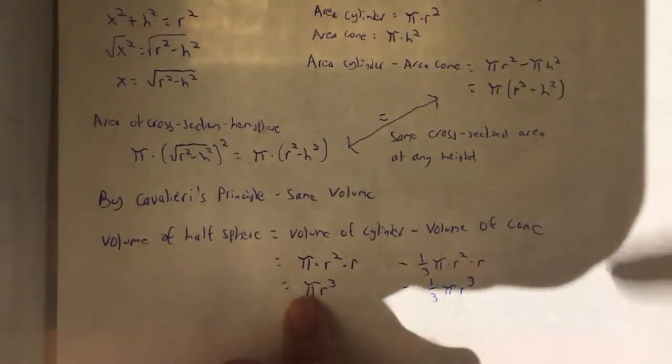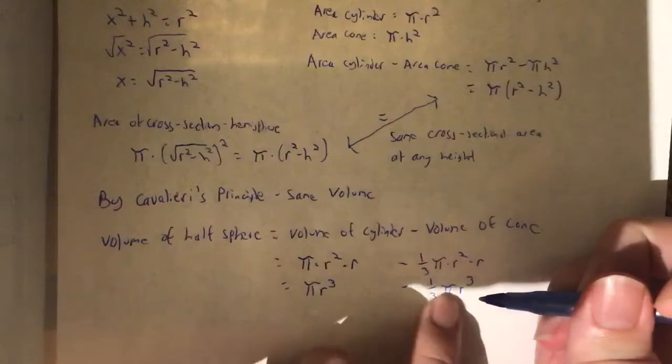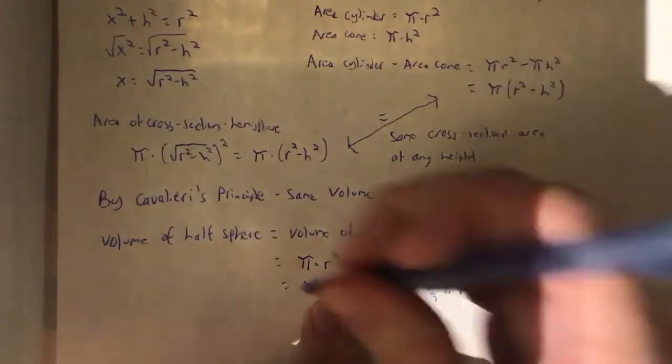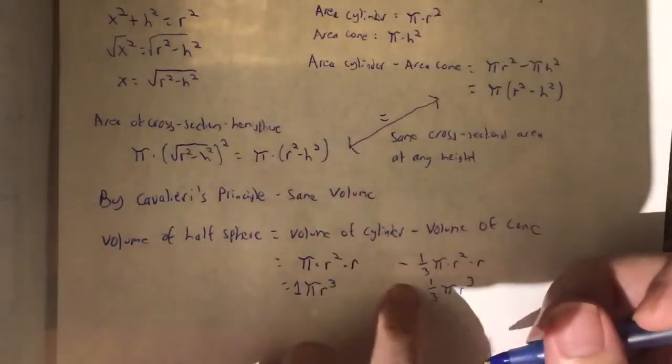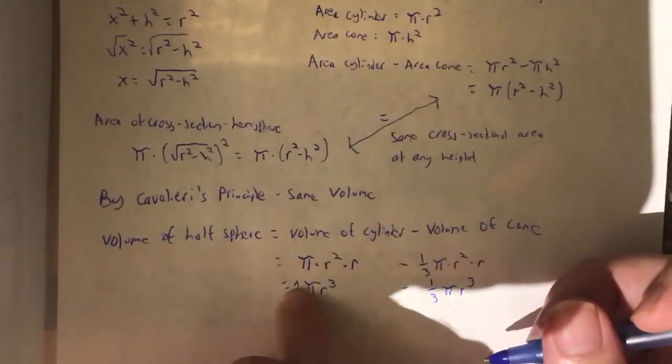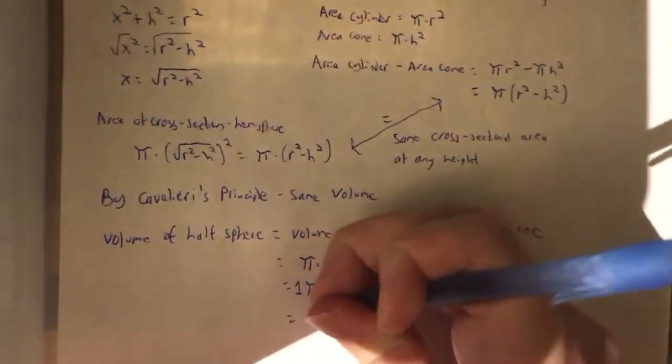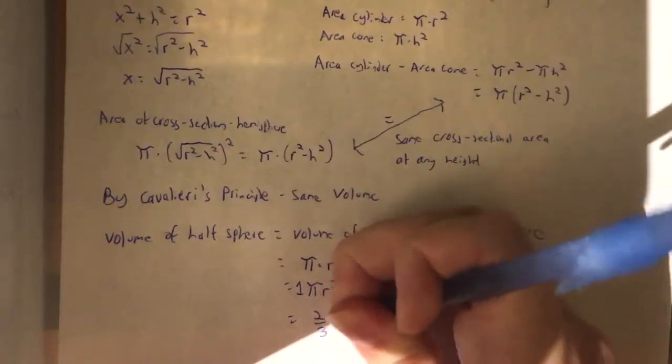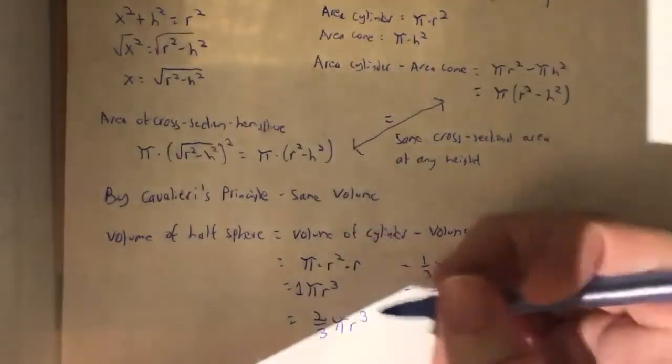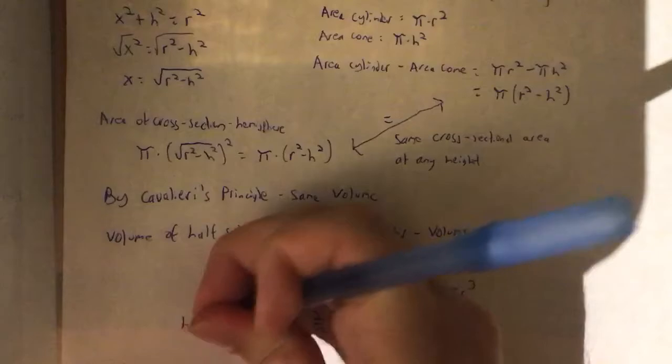So if I combine like terms, really they both have pi r cubed. So really it's 1 pi r cubed, if you want to think of this, minus 1/3 pi r cubed. So really it's just 1 minus 1/3, which gives me 2/3 pi r cubed. And that's for a half sphere.